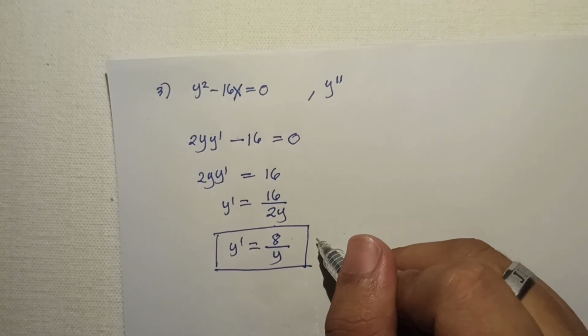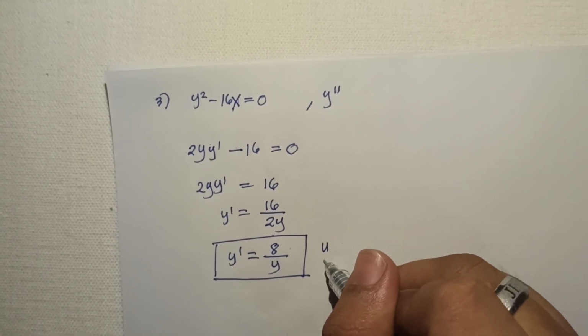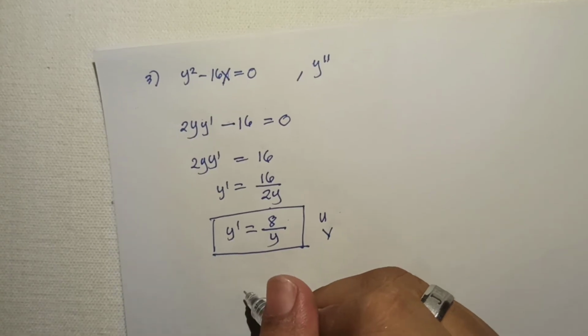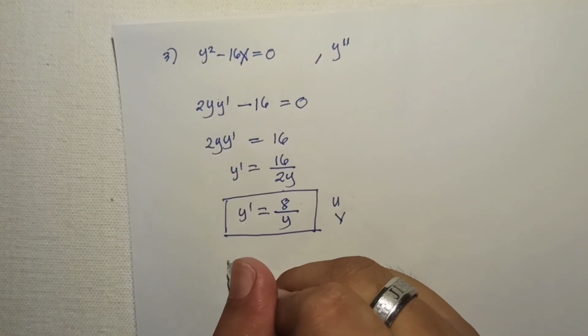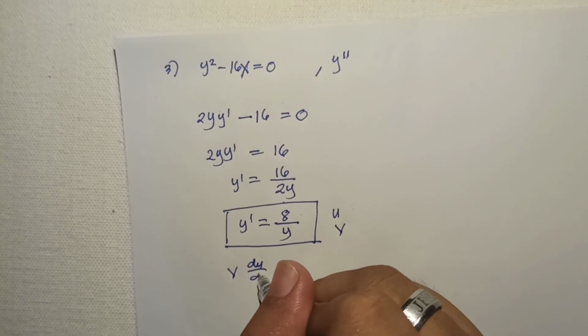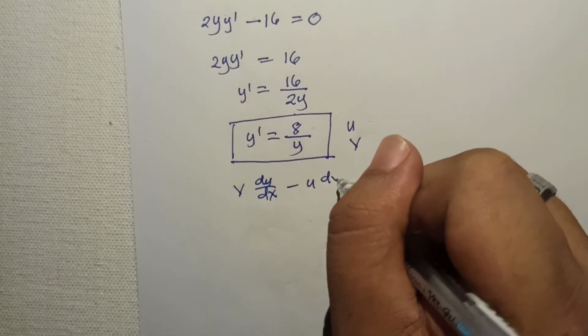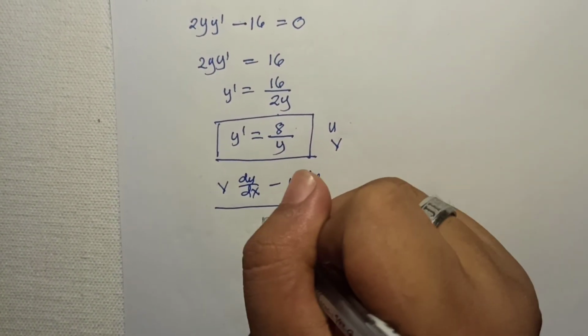Since it's in the form of u over v, apply this formula: v du over dx minus u dv over dx, all over v squared.